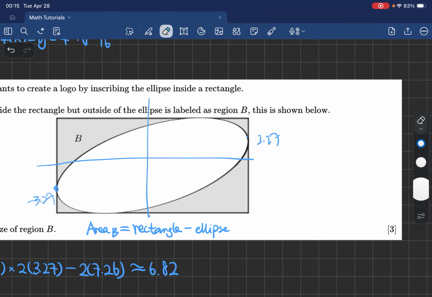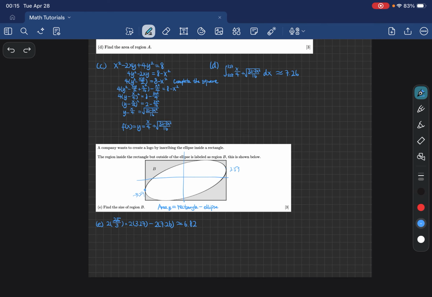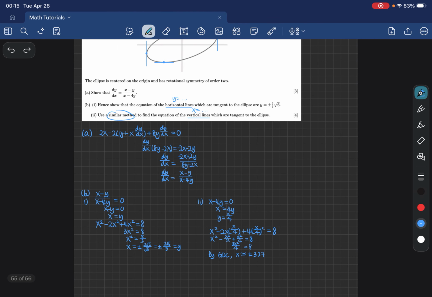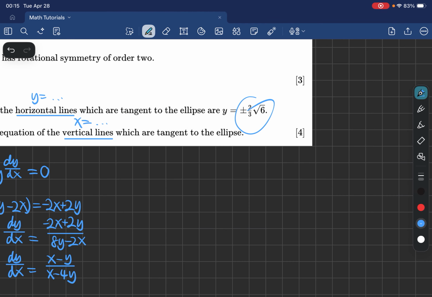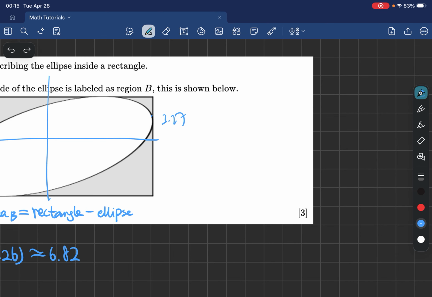And then the height, remember the height is y equals the horizontal tangent lines, right? So that's just y equals plus or minus this thing. So the height, or you can call it the width, is just 2 times this. So this is the height, and we already have the length, right?